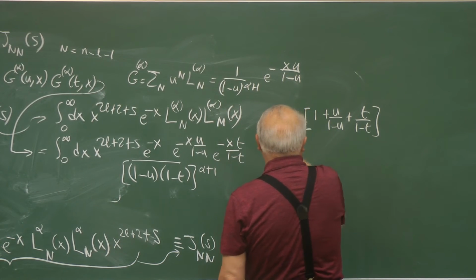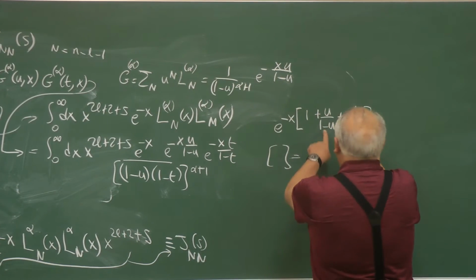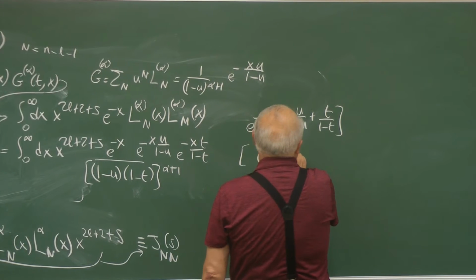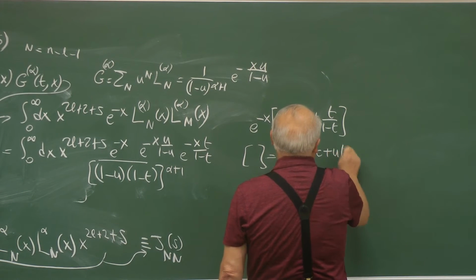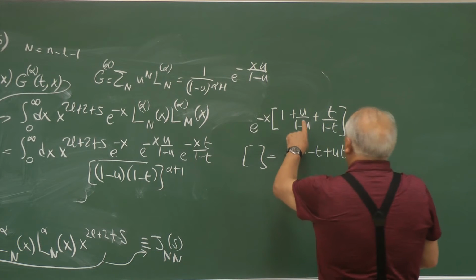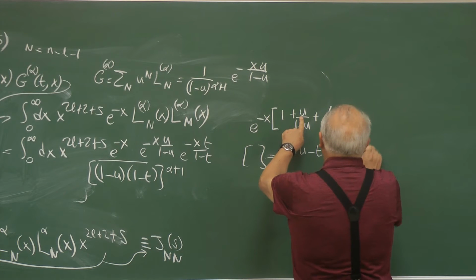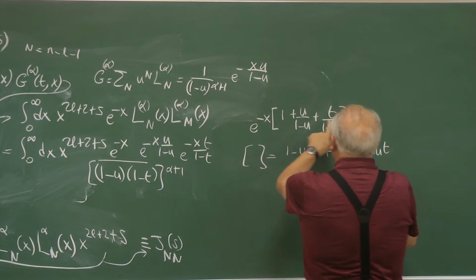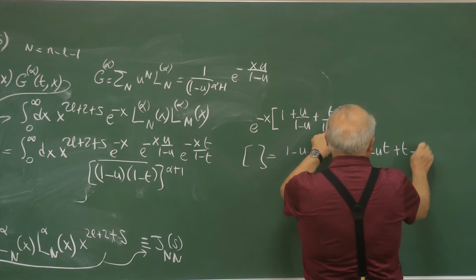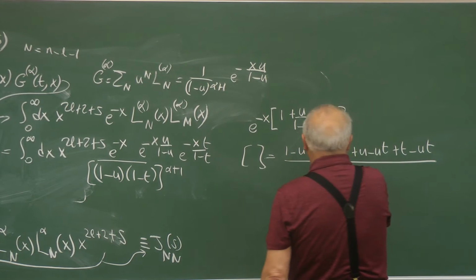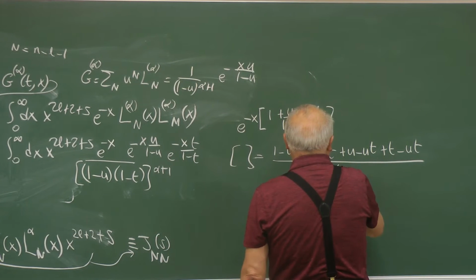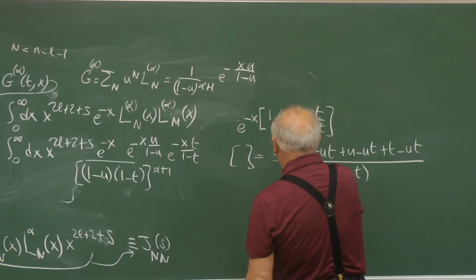And the square brackets will read 1 minus u minus t plus ut, plus this one u minus ut, this one t minus ut, divided by 1 minus u, 1 minus t, equals.